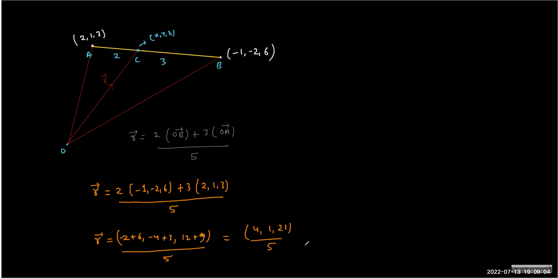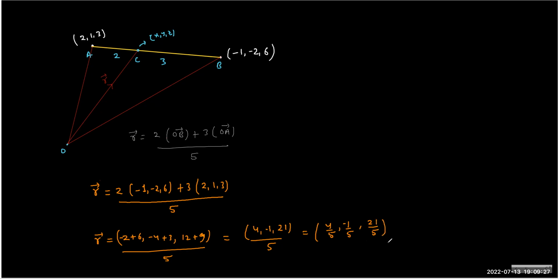I got this answer. So if you want coordinate, you can just leave like this. But if you want, you can write as 4 by 5, comma, -1, how much? -1, correct. So 4 by 5, comma, -1 by 5, comma, 21 by 5 is the coordinate.